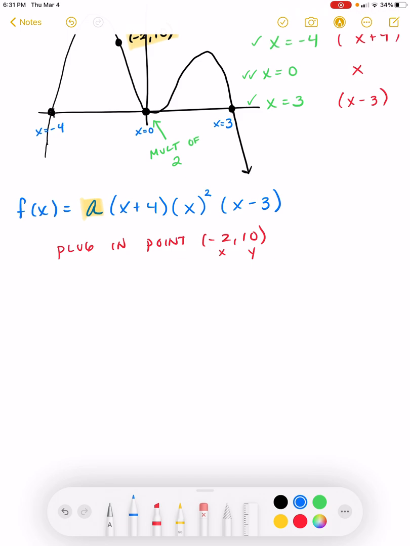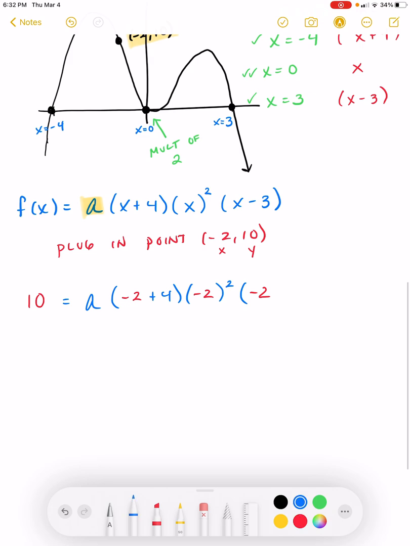I've got 10 equals a, and then I substitute in -2, so we get -2 plus 4, then -2 squared, and for the last factor, -2 minus 3.